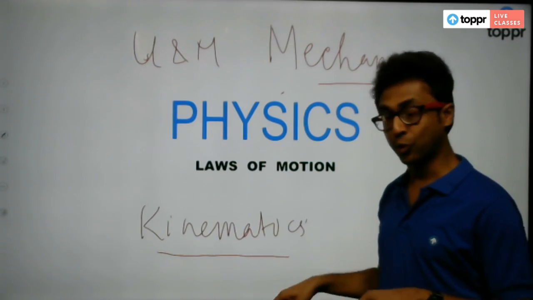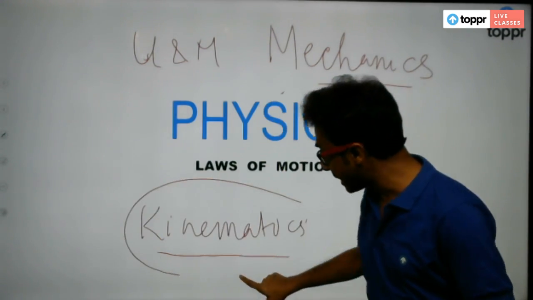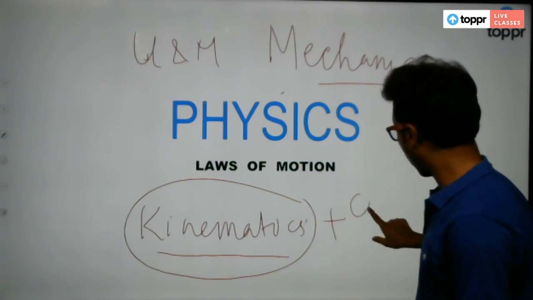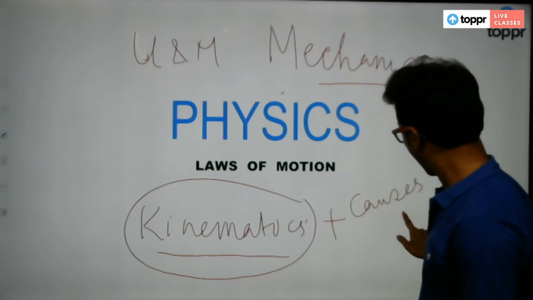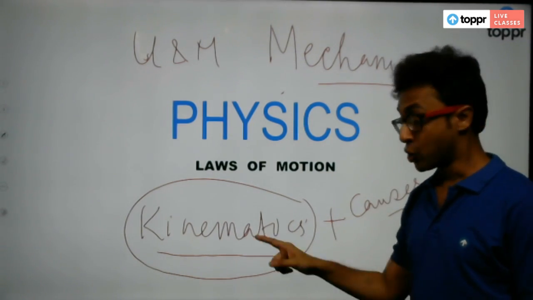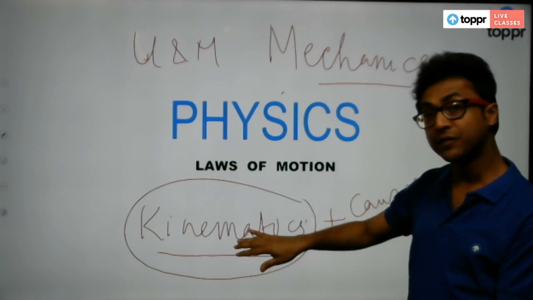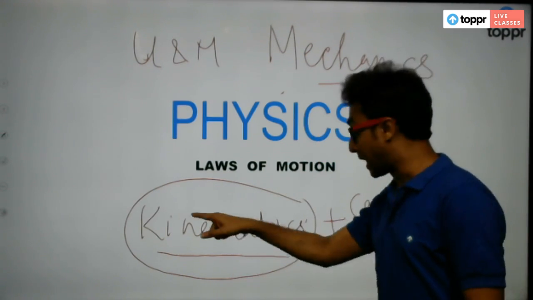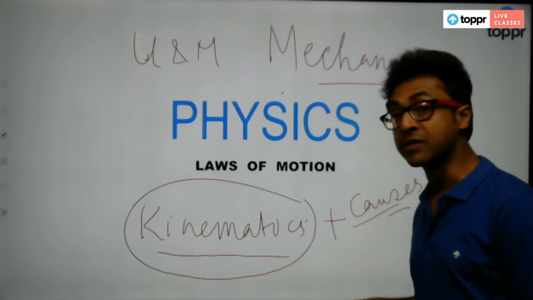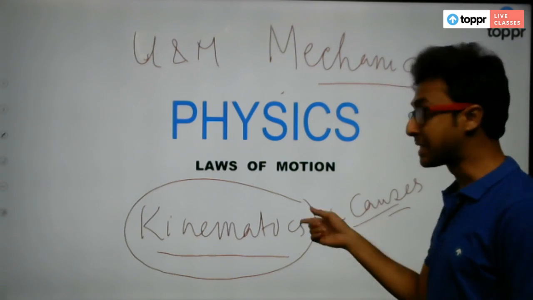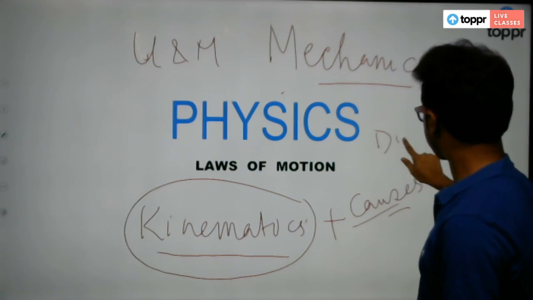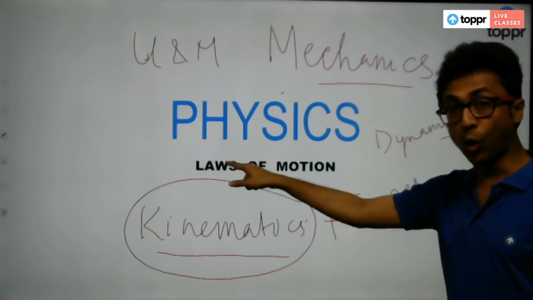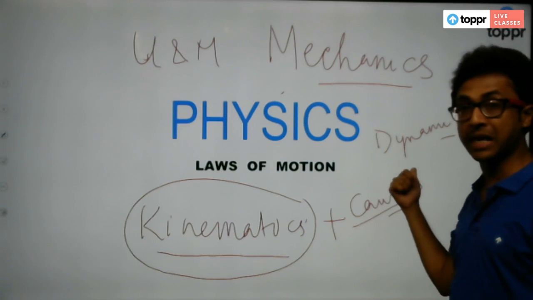Today also we will study bodies in motion, but plus we will study the causes which produce this motion. So kinematics is just the study of the body in motion, the study of particles in motion. But if we now add the causes, then we get something called dynamics. And the laws of motion actually deals with dynamics.